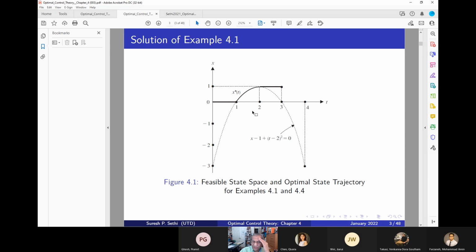But if rho is less than 0, then if I can reduce the control here and increase the control here, which means I can have a higher cost here and trade that with a lower cost later, then there's a possibility that for rho less than 0, you might have a different solution.